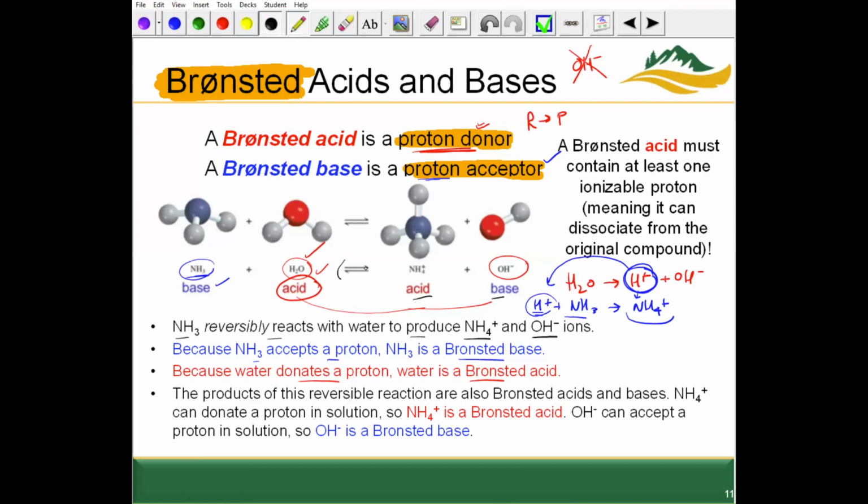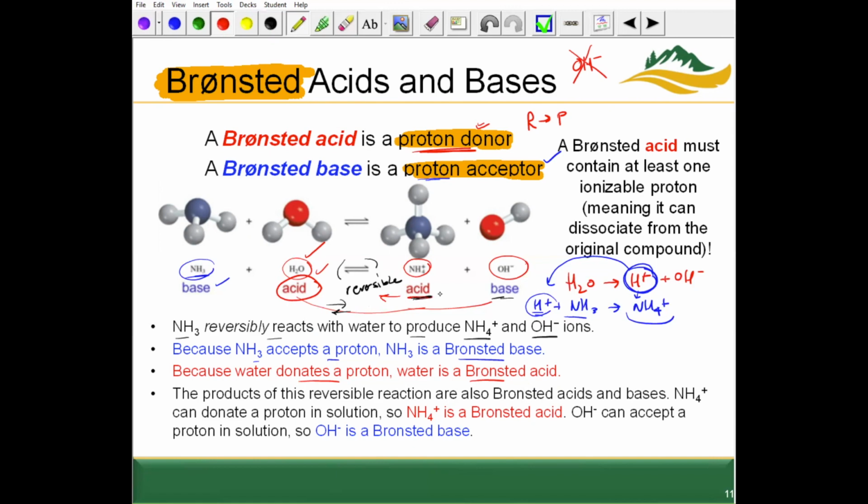Now this double-headed arrow implies that the reaction is reversible. For the reaction to be reversible, it means we can go the forward direction and the backwards direction. For the backwards direction, why is this now an acid and why is this now a base? The ammonium cation is now considered an acid when moving this direction for the reaction.